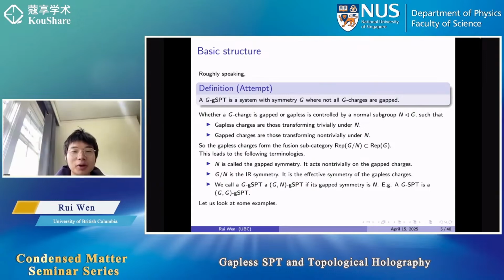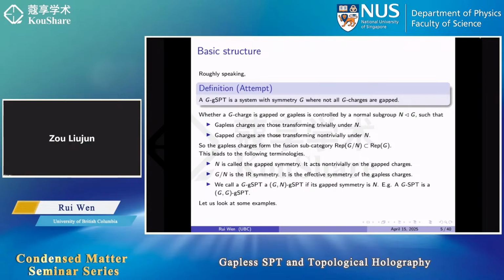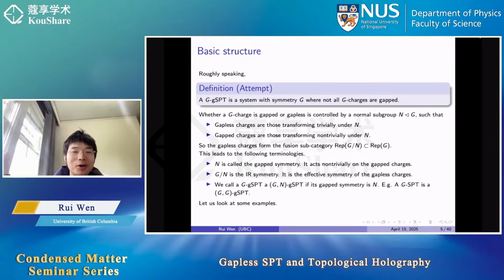So in this definition, Ising CFT with Z2 symmetry can be called a gapless SPT. This is not a very rigorous definition, because we definitely want a good definition to be something like systems modulo some equivalence relation, like SPT. We do not have that structure here yet. So this is just to give you a general idea of what we are looking at.